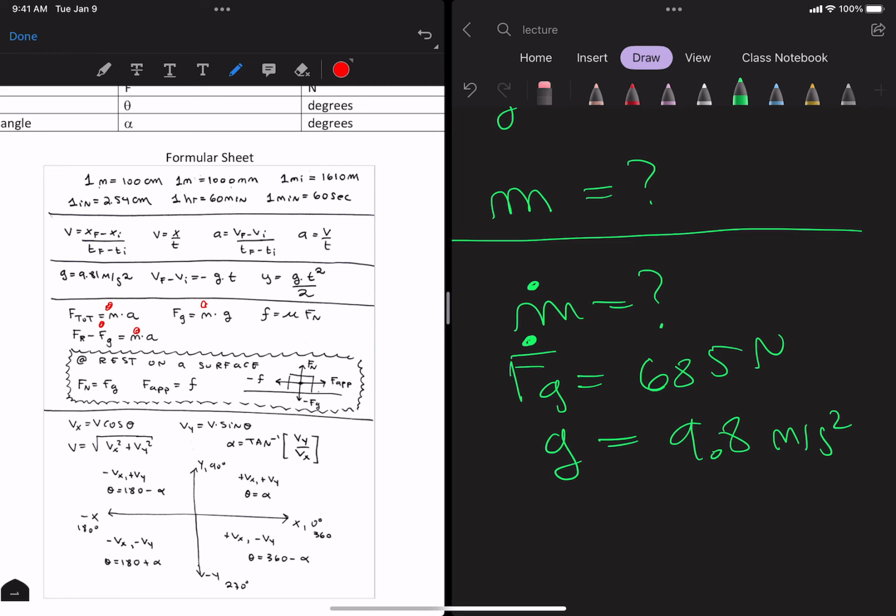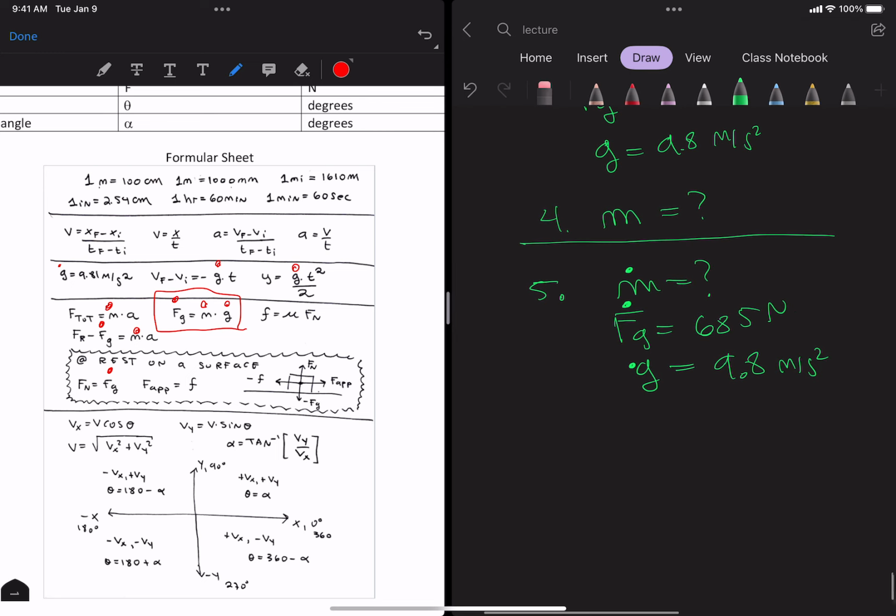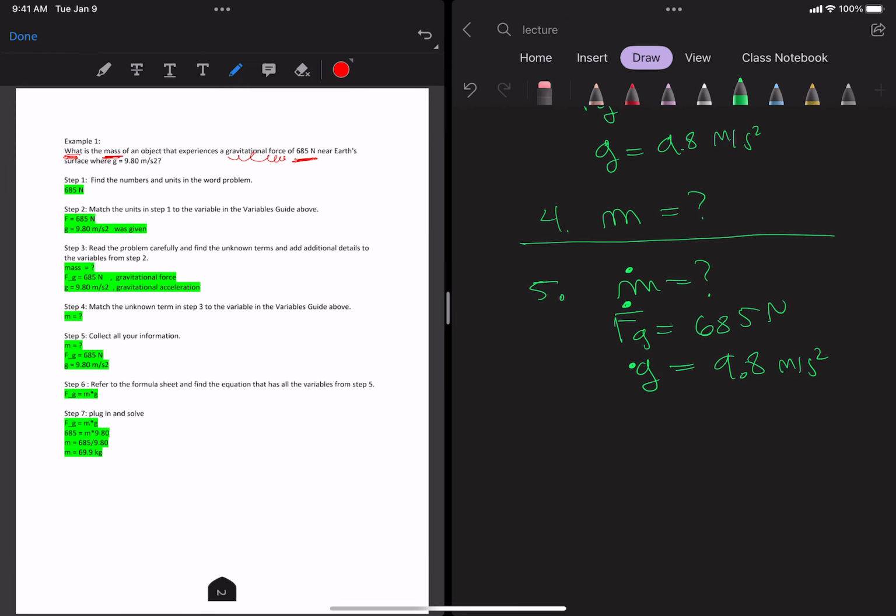There's an FG here, here, and here. And everywhere I see a G, I'll put a dot. There's a G there, a G here, and a G there. There's only one equation that has all the terms with a dot, and that's this one. So this is the equation that I'm going to pick.